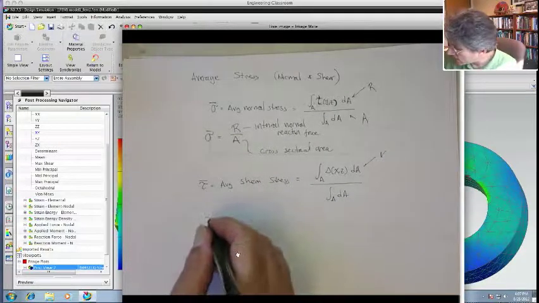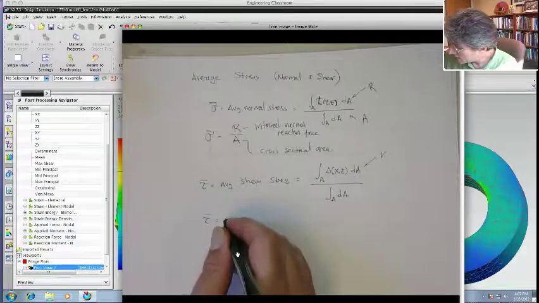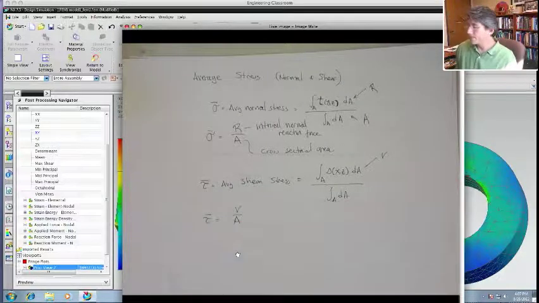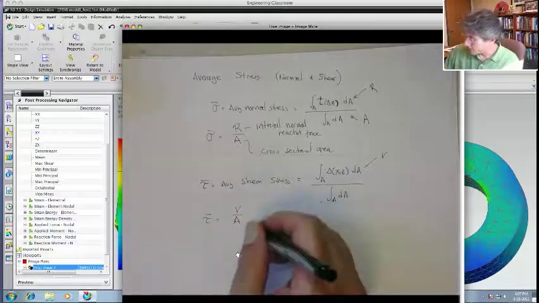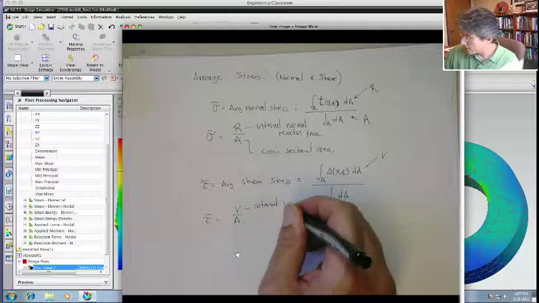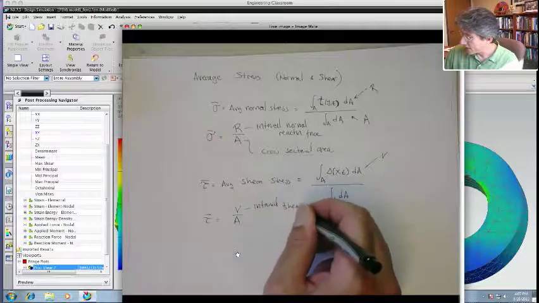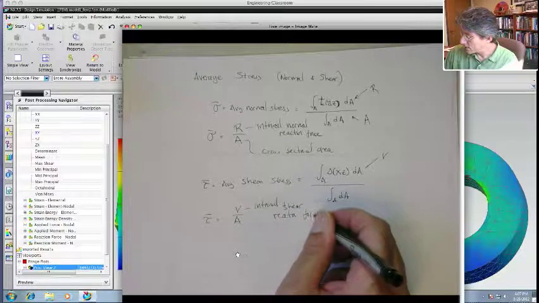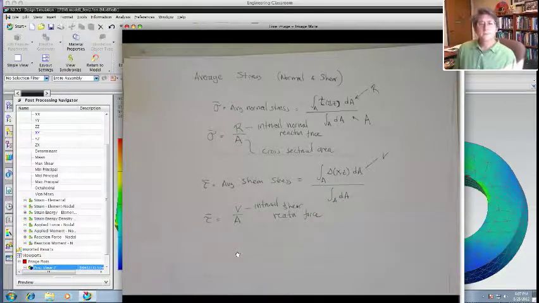So this gives you that the average shear stress is V over A. Okay? So this is the internal shear reaction force. All right?